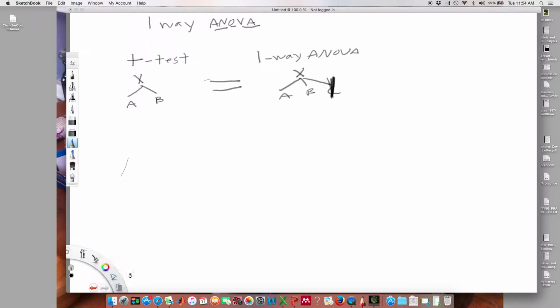All right. So ANOVAs are common tests that we use to determine if the means among groups are different. So are our means among groups different?